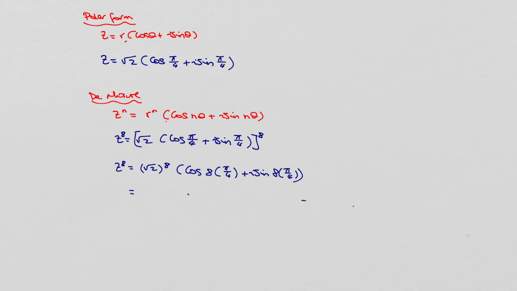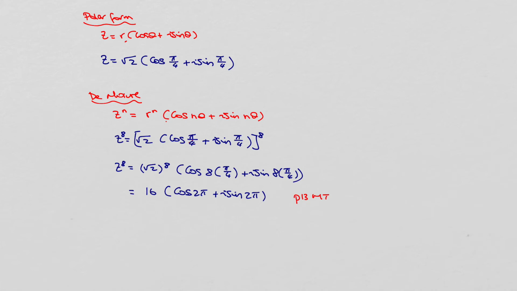So that simplifies down to give us root 2 by itself 8 times, which is 16. And 8 times pi over 4 gives us 2 pi. So again, either using our calculators in radians, or else we're using page 13 of our maths tables, because that's a nice special angle.